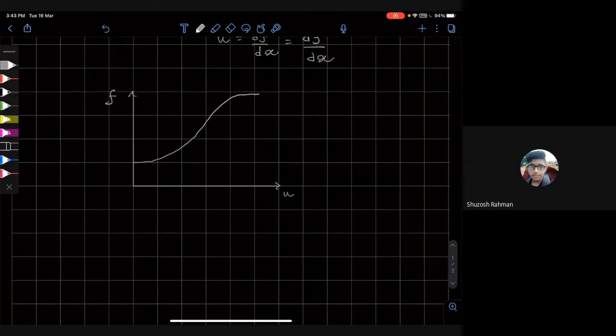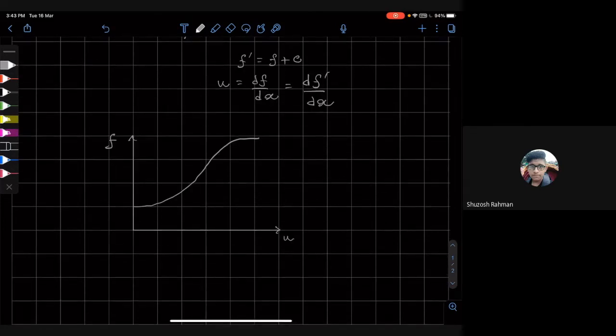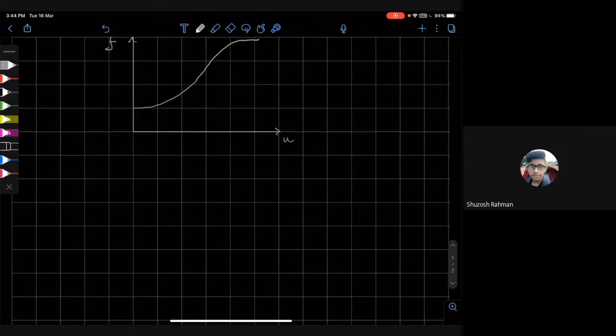All right, so now the idea is that what if I want to reconstruct a function which has this sort of profile, the function as a function of the slope? What are the functions we can get? Well, we can get many functions.